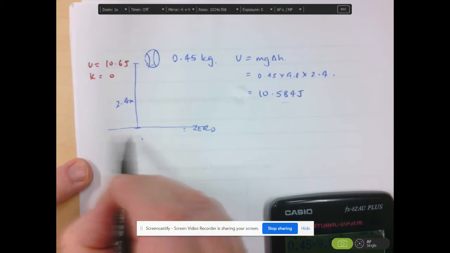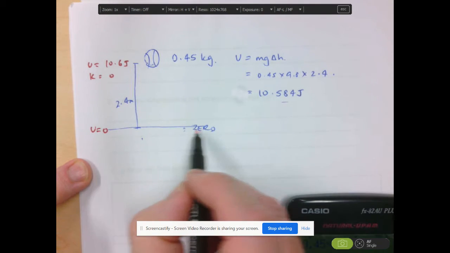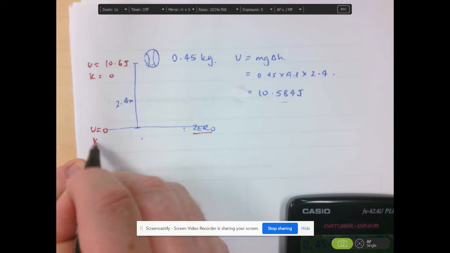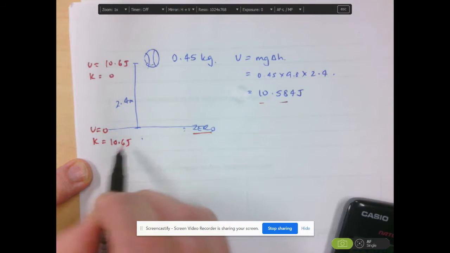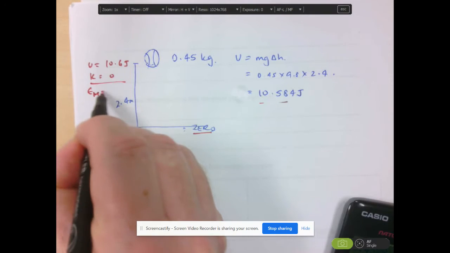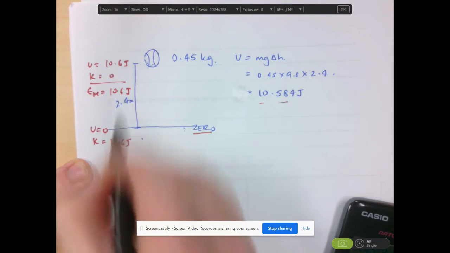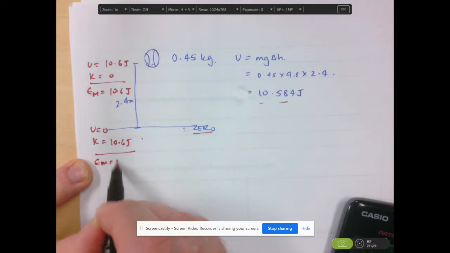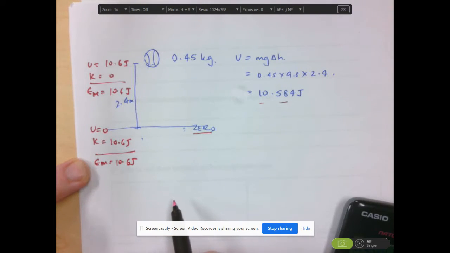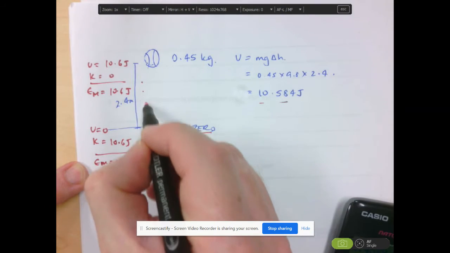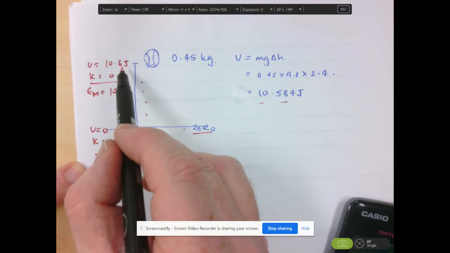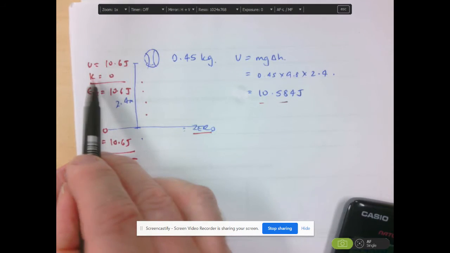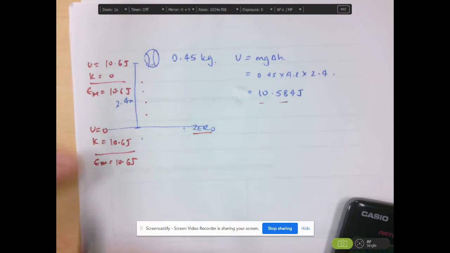At the bottom of the path, U is now going to be 0, because this is the zero level, and K would have to be 10.6 joules because the total has to remain the same all the way down. It doesn't matter where we are on the path, the sum of the potential energy plus kinetic energy must always equal this value.